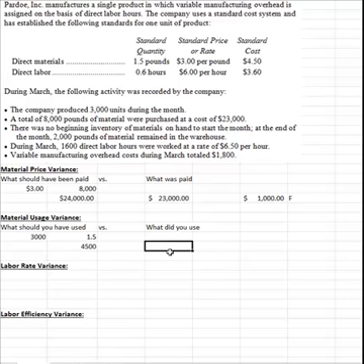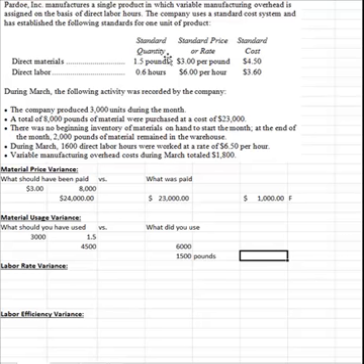How many did we use? Well, we bought 8,000. They said there's no beginning. We had 2,000 left. So we did use 6,000 pounds. So the difference here is 1,500 pounds, and that should be expressed in dollars by multiplying it times the standard rate.